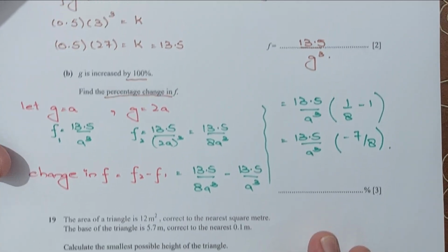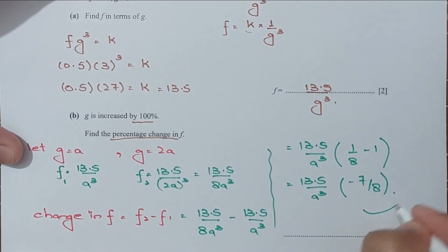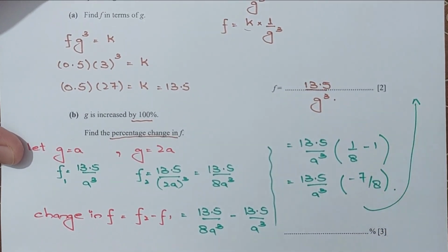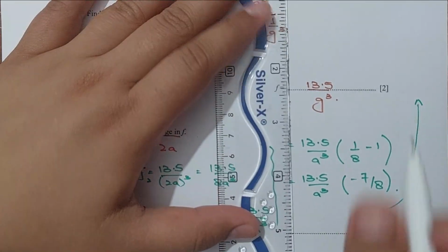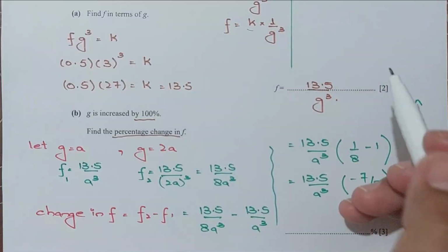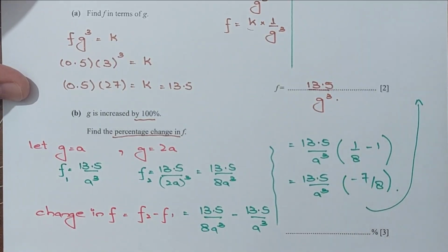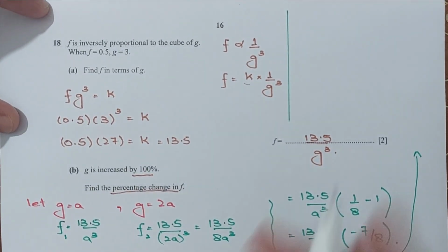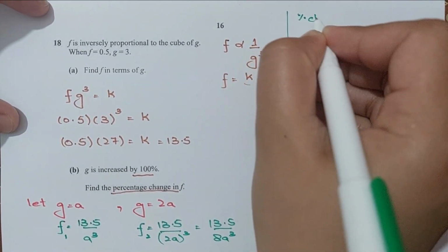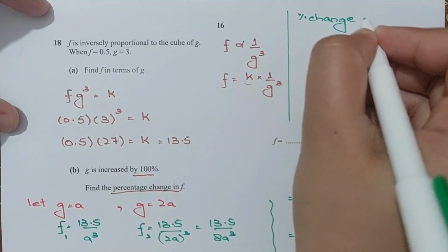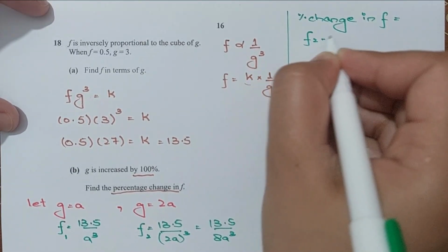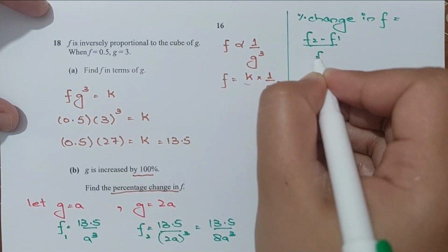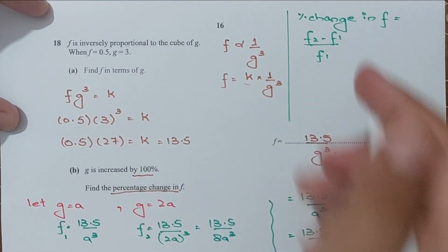I don't have much space, so I'm doing the rest of the part at the top. Let me label this, I'm doing this part B over here. So for percentage change in f, this equals f2 minus f1 over f1. We are done with f2 minus f1.